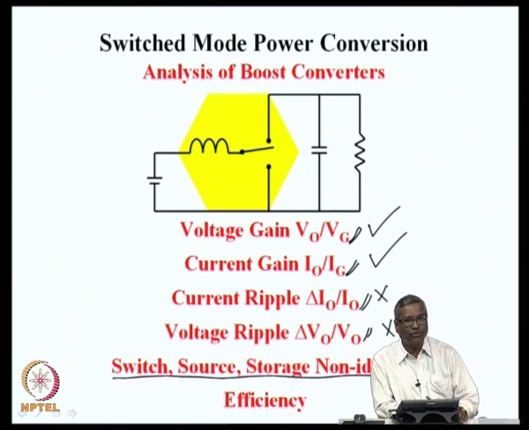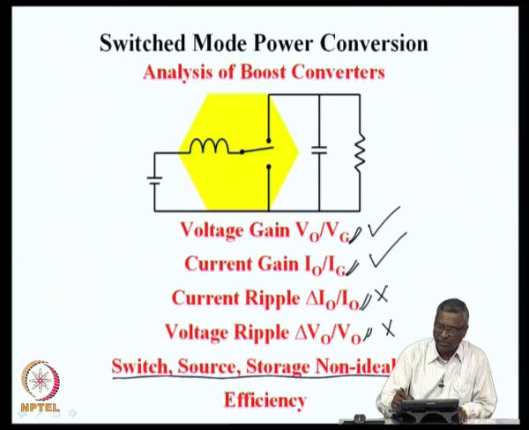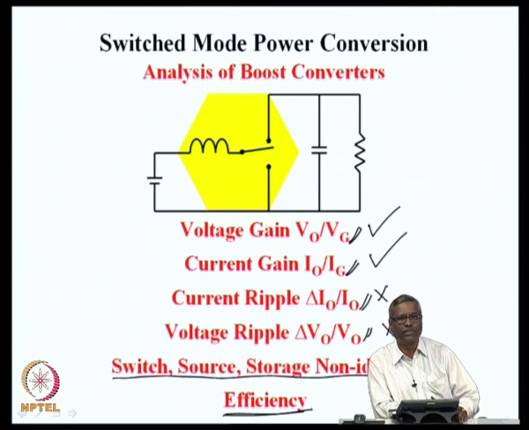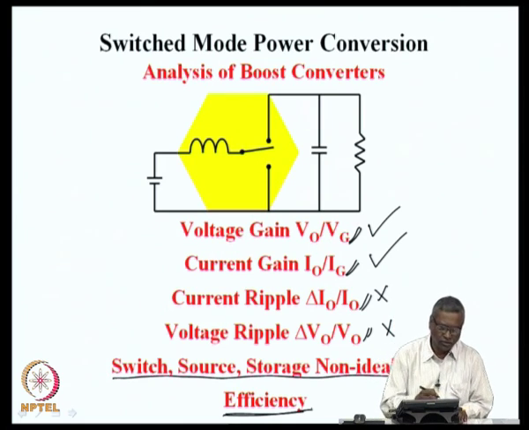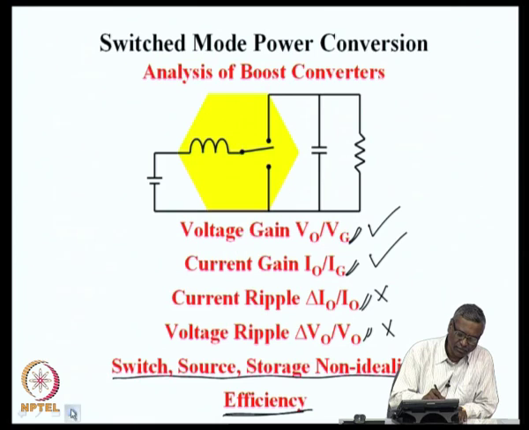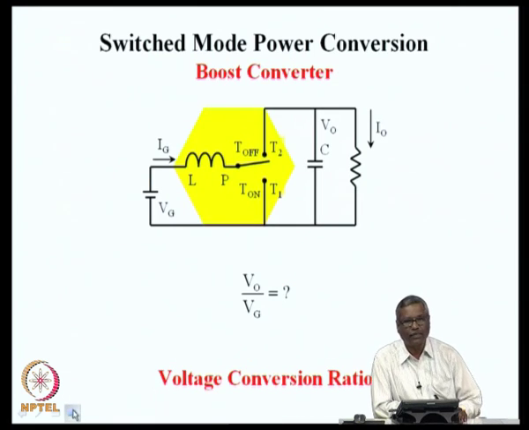The storage components like inductors and capacitors have parasitic resistors. What is the consequence of all these non-idealities, and then finally how does it affect the power conversion through the efficiency? This is something which we had done before in the case of the buck converter. We will do it again so that we fully internalize the method of steady state analysis.